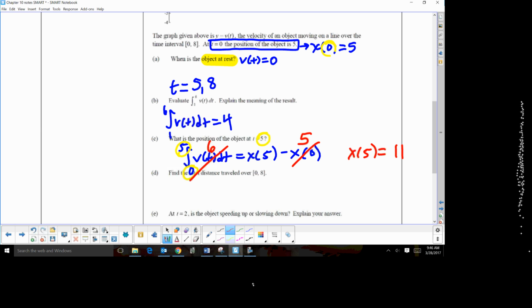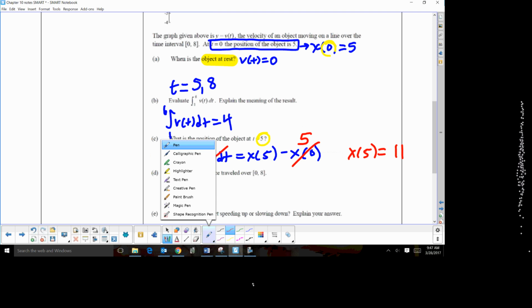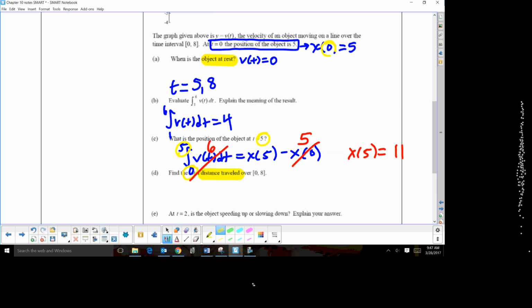You're in a rectangular. So I know that any of the negative has to become positive.